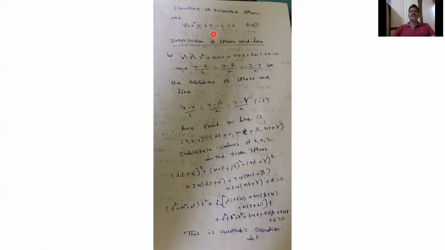Now the intersection of a sphere and a line. Suppose the sphere and line intersect. How do we find the points of intersection?